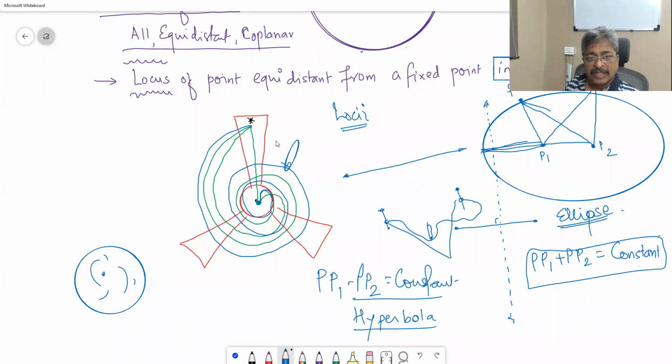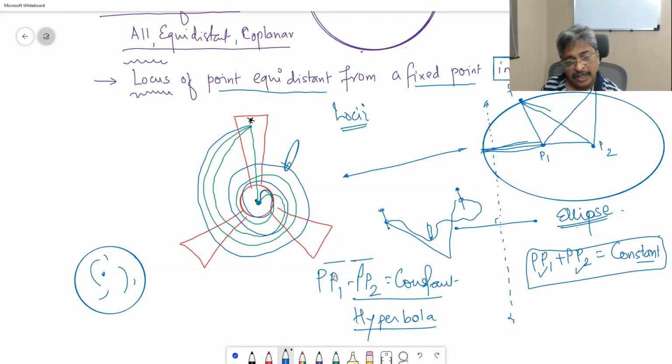As far as a circle is concerned, the distance from a fixed point is constant. As far as an ellipse is concerned, the summation of two distances is constant. As far as a hyperbola is concerned, the difference of two distances is constant. Right? So we use these conditions, whatever condition we put for that locus.